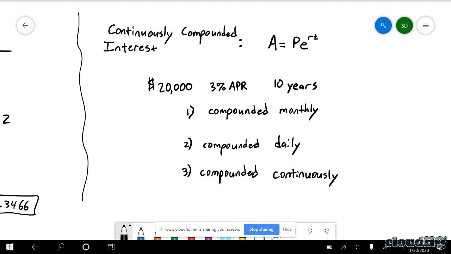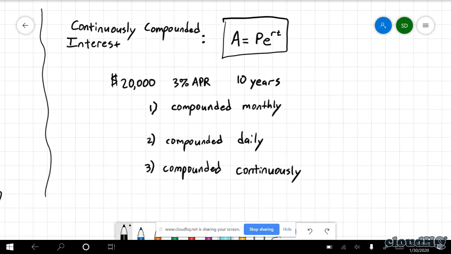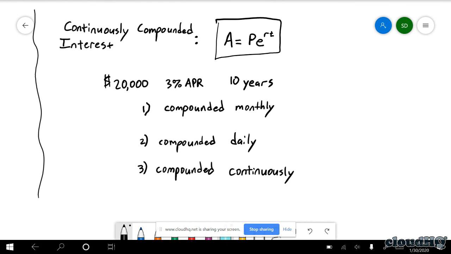So the formula that I've given you up here, will I get to use that formula in each of those three scenarios? No, that's only going to be used in the third scenario. That equation with the e is only for continuously compounded interest. Our first two scenarios are monthly and daily, less frequently. So we've done that before. That was the beginning of the chapter.